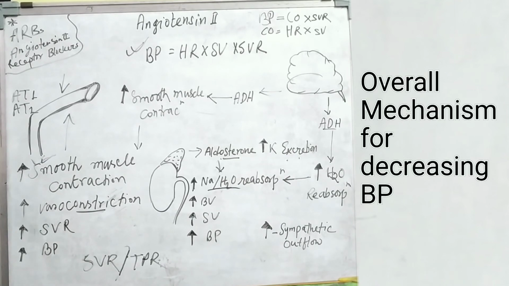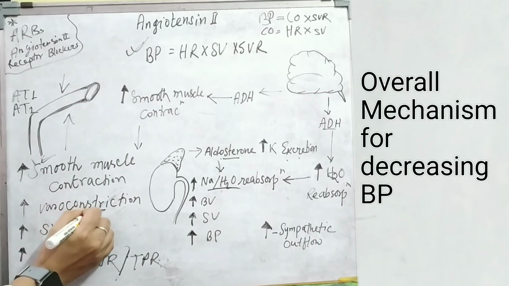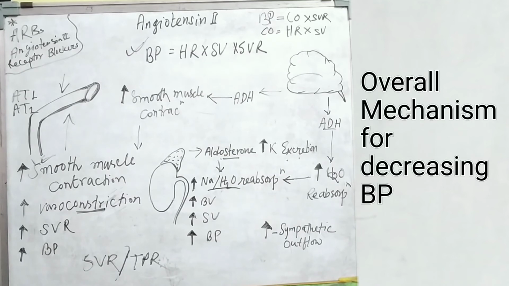Now the second one, the sodium water reabsorption. Angiotensin 2 also affects the kidneys. First, it can directly stimulate sodium and water reabsorption at the proximal tubule of the nephron. In the nephron, after the glomerulus and Bowman capsule, the tubular part starts with the PCT, the proximal convoluted tubule.